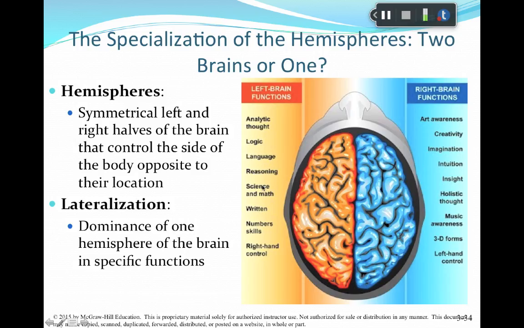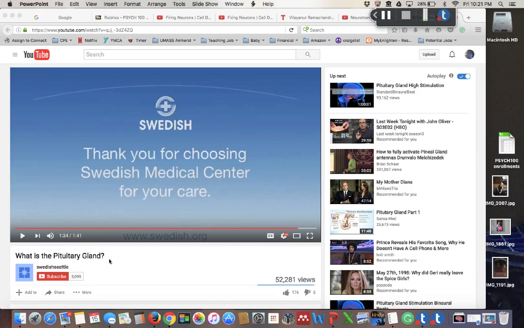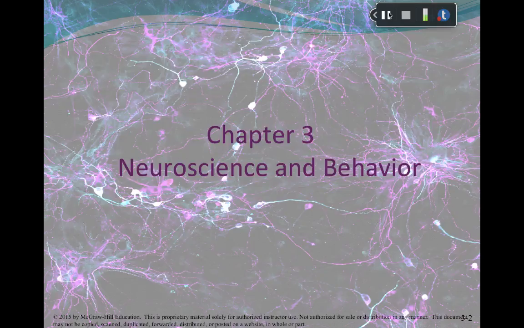So the left brain functions are analytic thought, logic, much more linear type activities, numbers, math, science, whereas, you take a quiz, are you right-brained or left-brained? Creativity for right-brained, imagination, intuition, insight, and so forth.